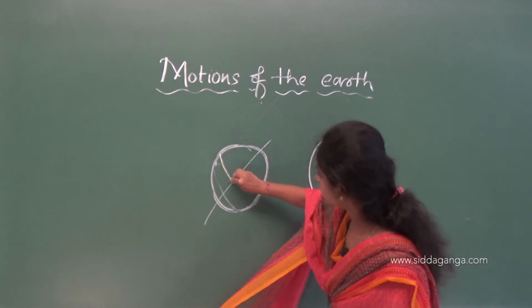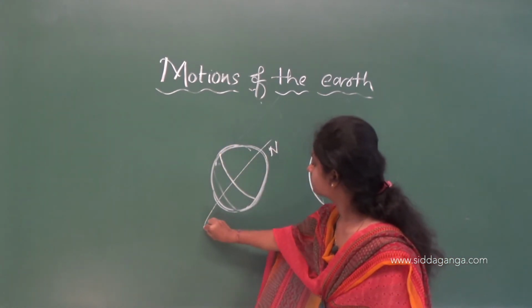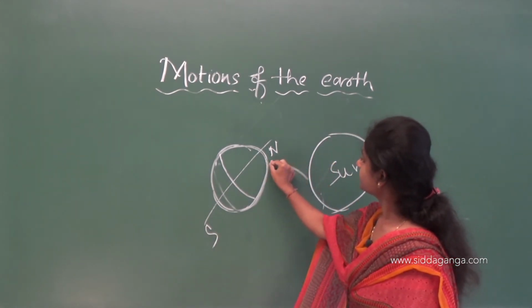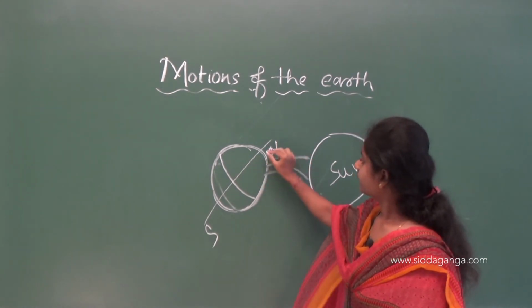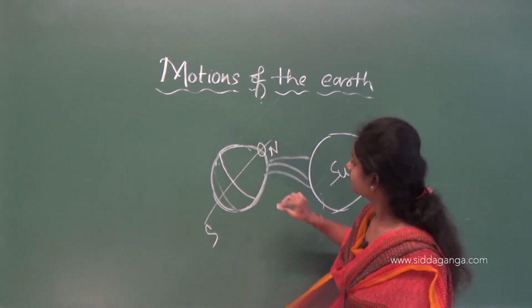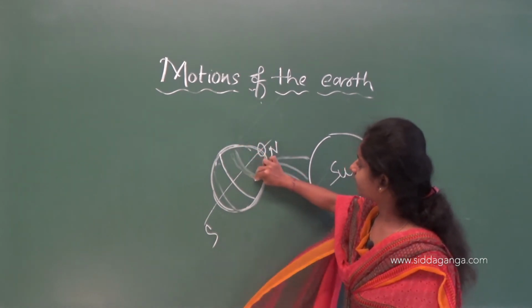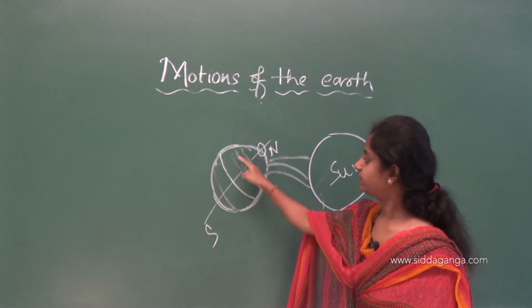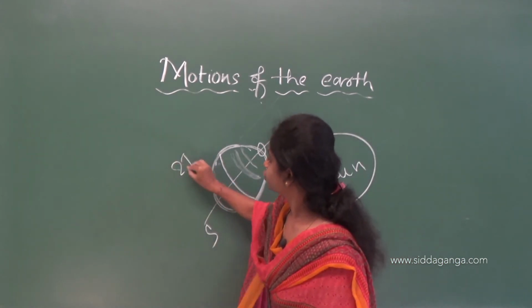Here it is the equator, this is the north pole, and this is the south pole. So heat rays are slanty like this. That is why, except this pole part, the Tropic of Cancer and all this part will receive the heat from the sun. It will be summer here on 21st June.